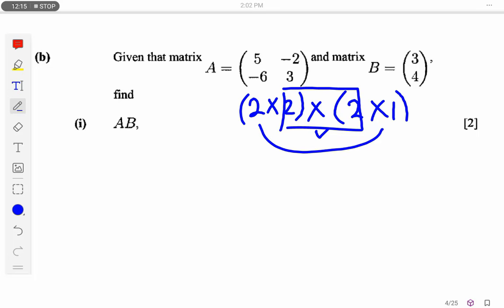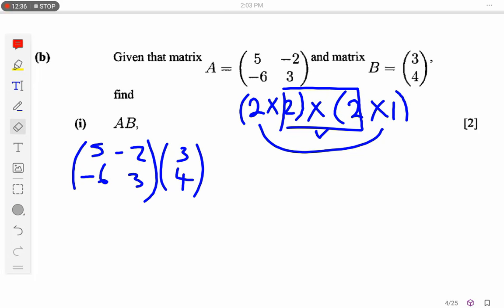Then our answer is going to be a 2 by 1 matrix, similar to this one there. So let's multiply. We have got 5 minus 6 there, and then minus 2 and 3, multiplying 3 and 4 there. So we are doing our row by column, row multiplying by this column.